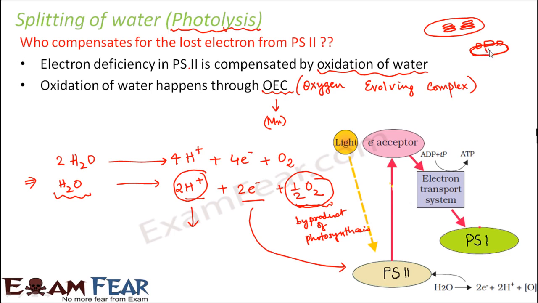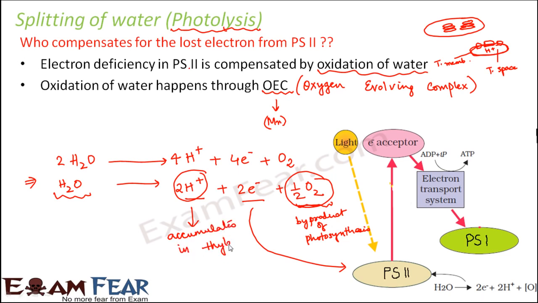Whatever ions are produced, these hydrogen ions will be accumulated in this space. And what is this space? This is the thylakoid space, because this is the thylakoid membrane and the inside portion is the thylakoid lumen or thylakoid space, whatever you call it. So these hydrogen ions will get accumulated in this thylakoid space.